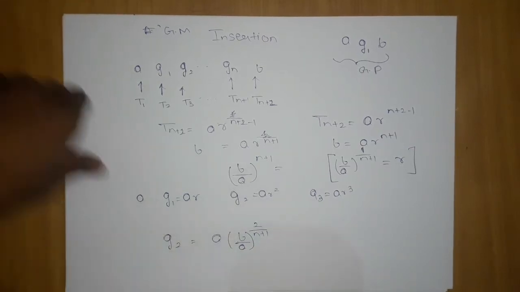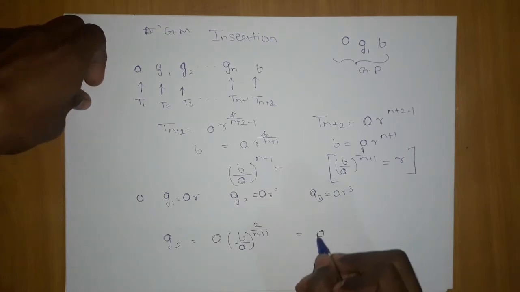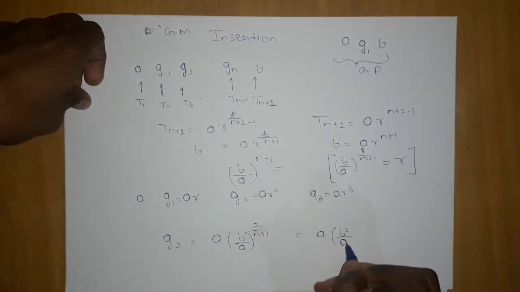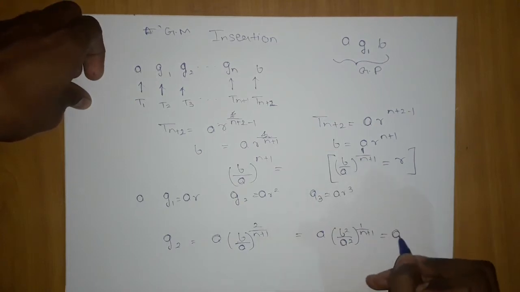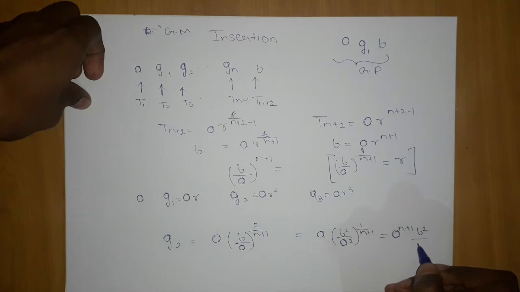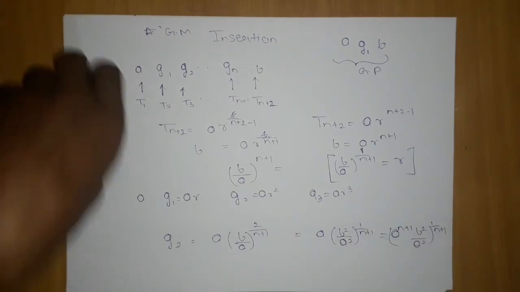Further, we can write this as a into b squared upon a squared, to the power 1 upon n plus 1.